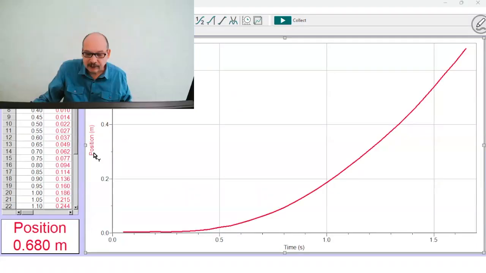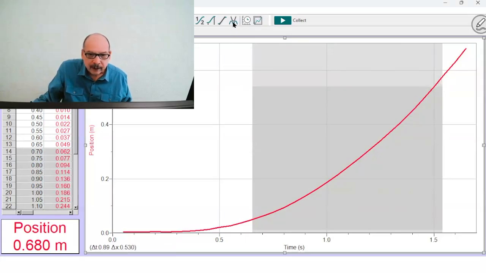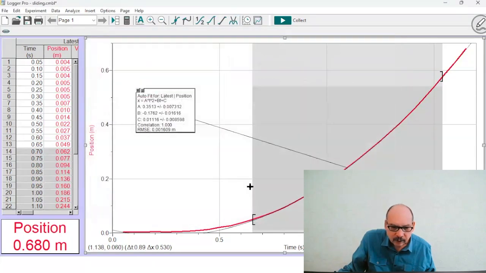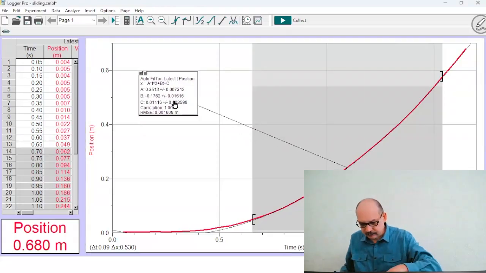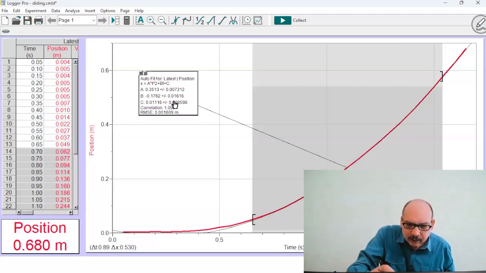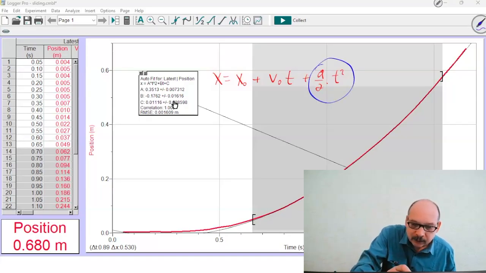Now, repeat the procedure we used for the cart and make an estimation for the acceleration of this sphere. So, same idea. The motion equation. We actually can extract the information about the initial velocity as well, but we don't need it.